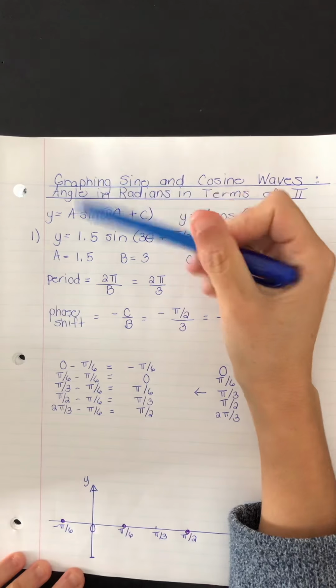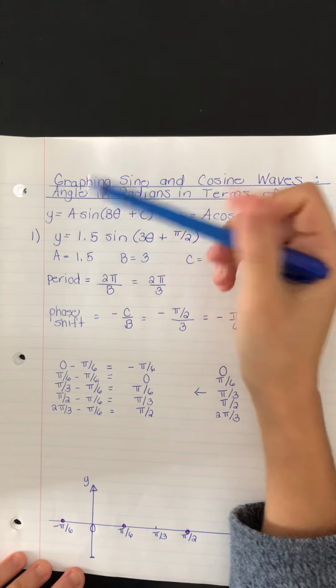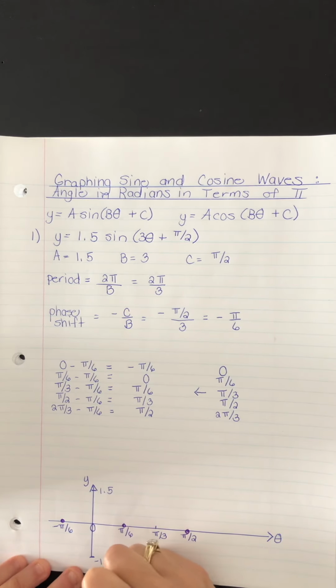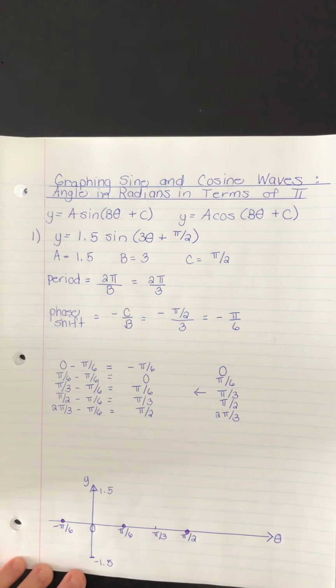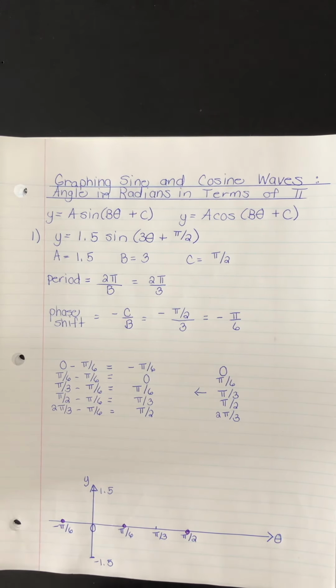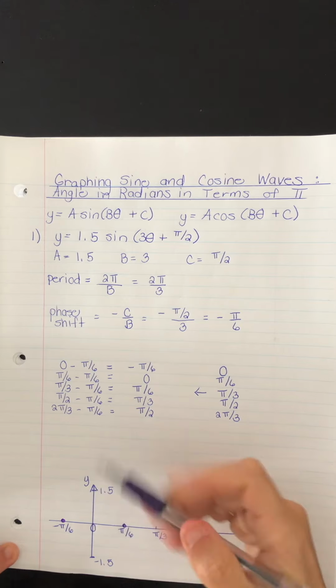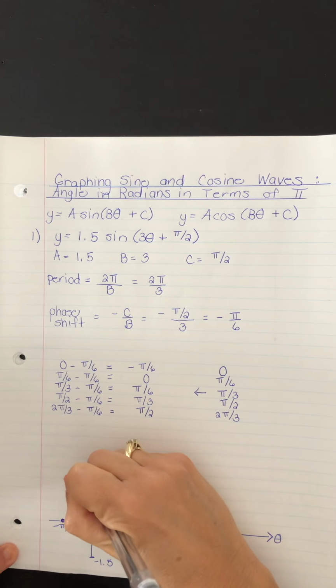Remember the value of A was 1.5, so that means I need to show 1.5 and negative 1.5 on my vertical axis. So the second critical point is at 0, and the graph should be at its maximum then.